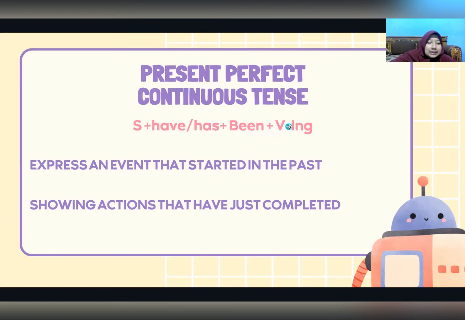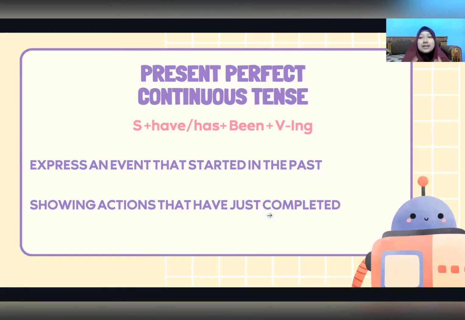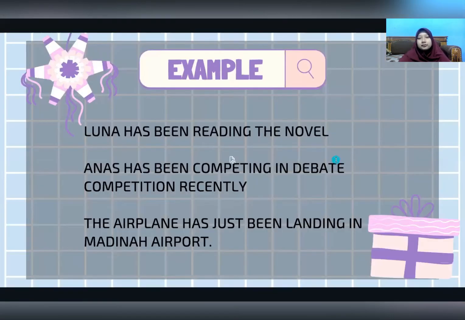This sentence has a function to express an event that started in the past but is still ongoing in the present, or to show an action that has just been completed. The key is the word just, and the event started in the past.